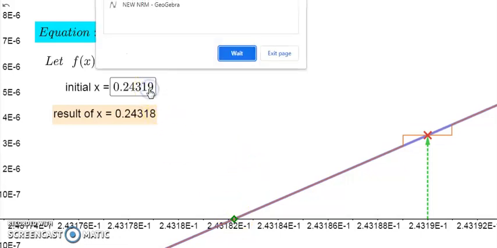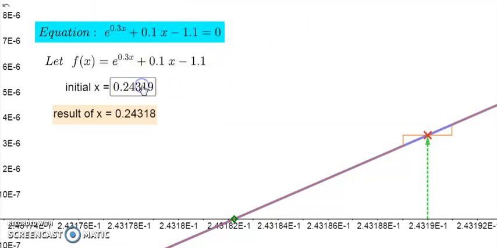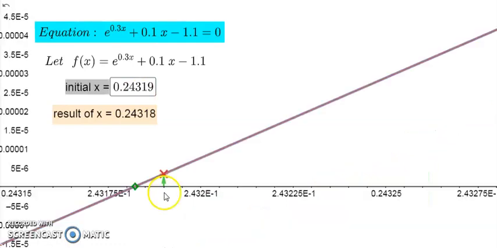But let us see diagram-wise how it's happening. If I proceed with the calculations, let's say now I have a new initial value, referring to the result just now. I substitute 0.24318, and let's see what the result is.